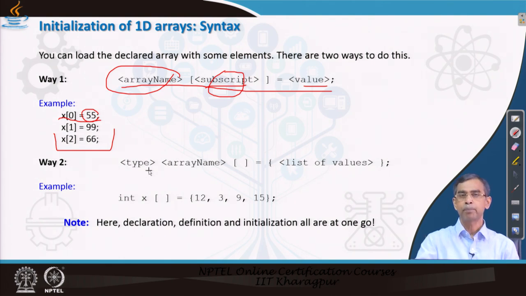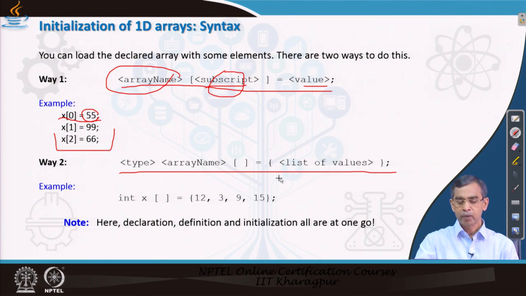Now, there is another way also by which we can load the array. This is a more convenient way, many programmers like it. The idea is that within the curly brackets, whatever values you want to load into the array, you specify them, closing with a semicolon. This declares the array; the size need not be mentioned here, but by virtue of giving the total number of elements, the Java runtime will fix what size the array has to be.